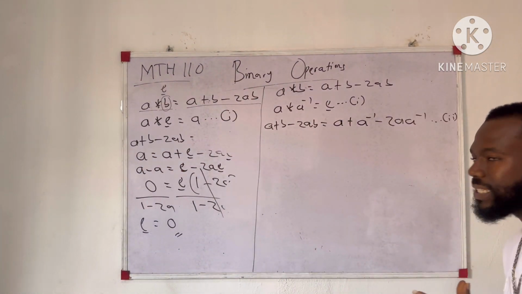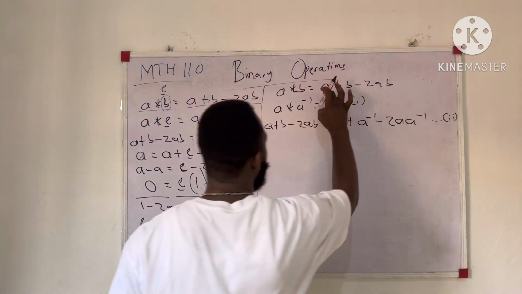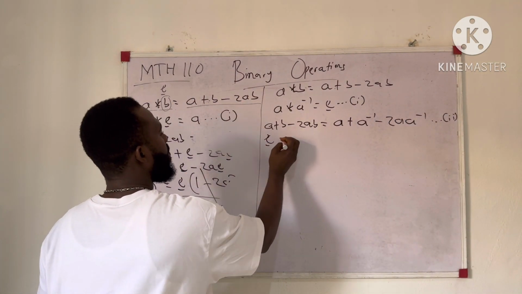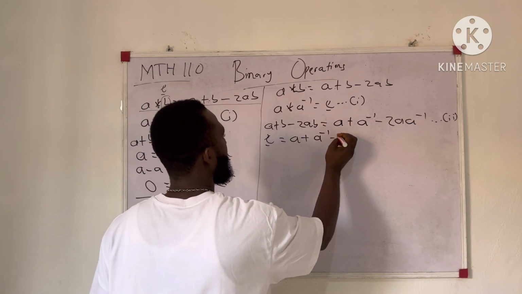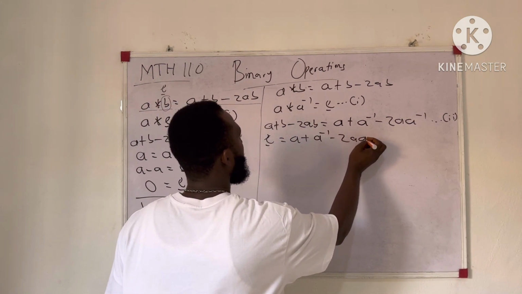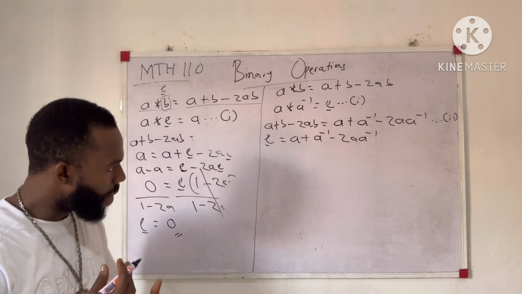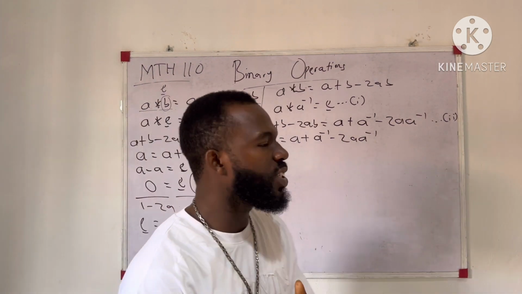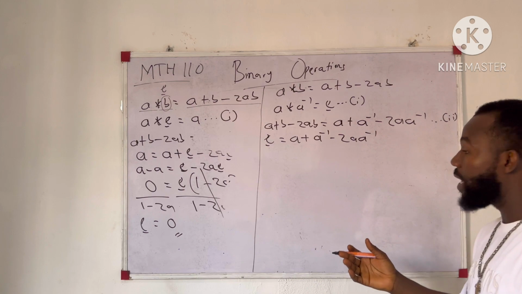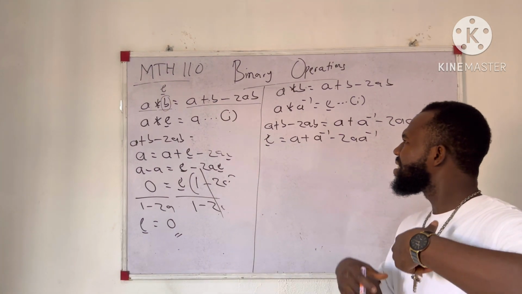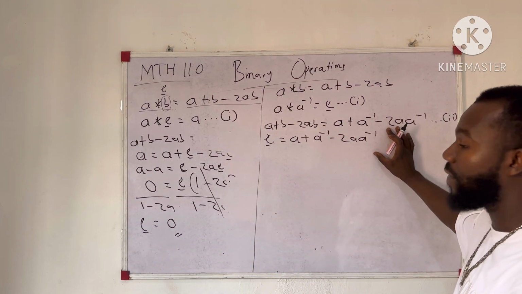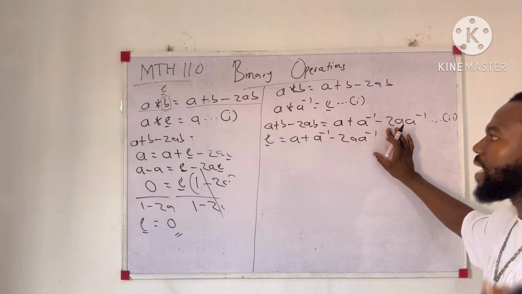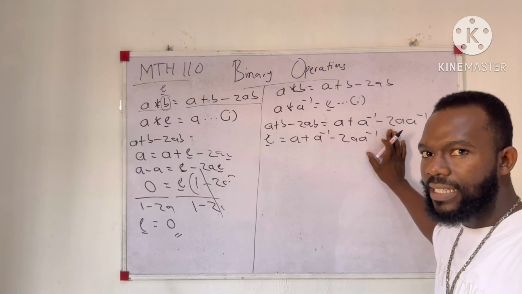Now that we've got equation 1 and equation 2, we equate them together. Equation 1 is the identity, and equation 2 is A plus A inverse minus 2A A inverse. You notice that here we have two inverses. In some cases, the value of the identity is given.